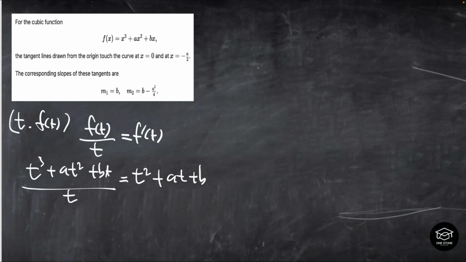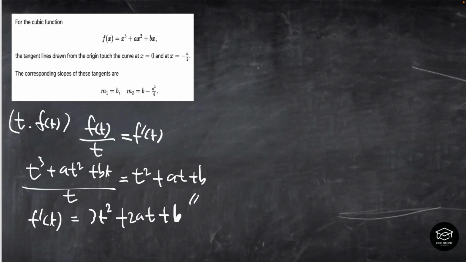Now, for this line to be a tangent at that point, its slope must also match the derivative of the function at x equals t. The derivative of f of x is 3x squared plus 2ax plus b. So at x equals t, the slope from the derivative is 3t squared plus 2at plus b.